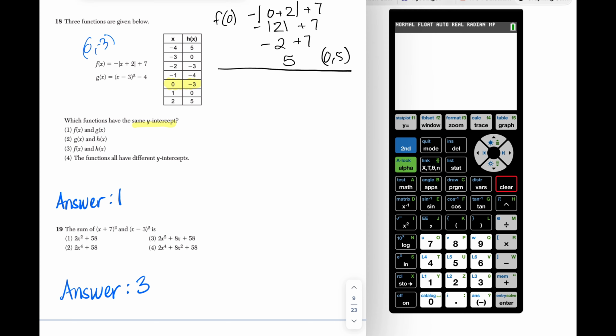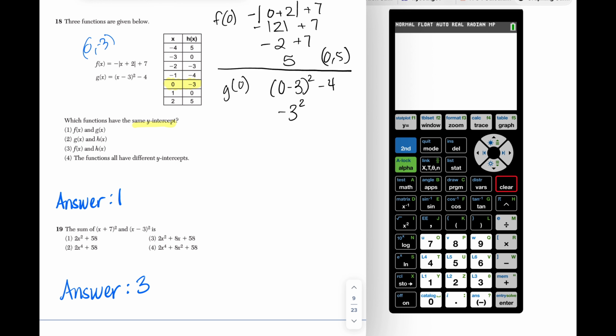Now let's look at the other one. We have g of x, so we're going to try the same thing when x is equal to 0. So I'm going to put in our parentheses, make this a 0. 0 minus 3 squared minus 4. 0 minus 3 is only going to be -3.